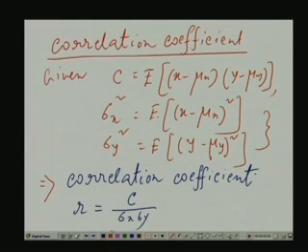So actually it is a normalized version of the covariance. The covariance is C. This is normalized by the product of the individual standard deviations. Sigma x is called the standard deviation, and sigma x square is the variance. This is the correlation coefficient. Obviously, if they are uncorrelated, R is 0 because C is 0. Sigma x and sigma y can never be 0.